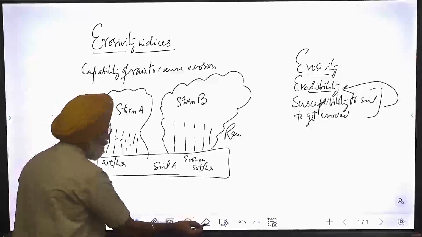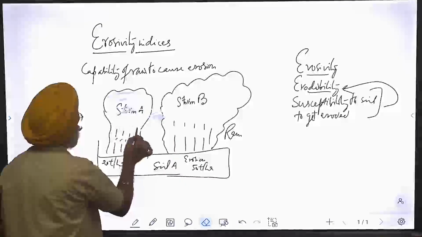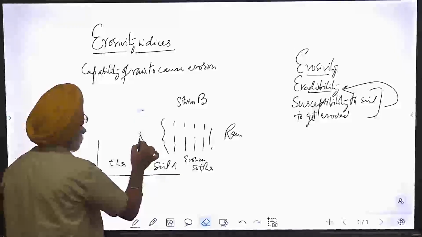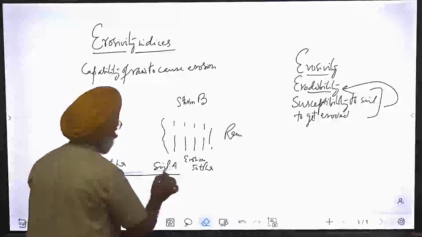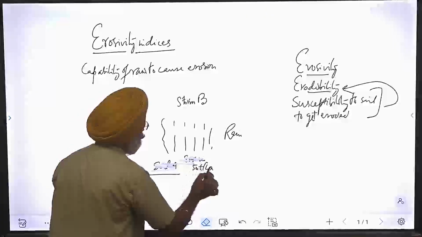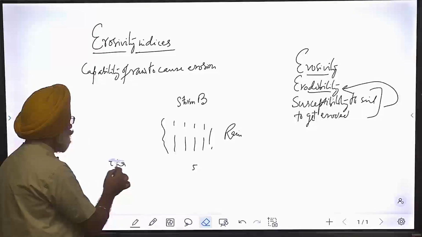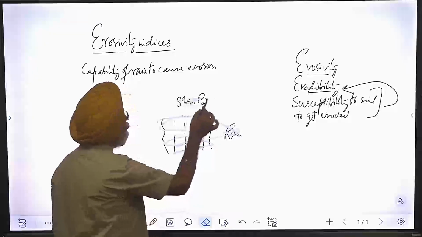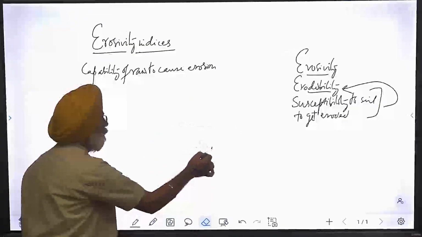Now the question is how to determine the erosivity of a particular area. For example, if I have to plan some soil conservation measures in a particular area, the first thing that will come to my mind is what is the erosivity of the storm or rainfall taking place in that area.